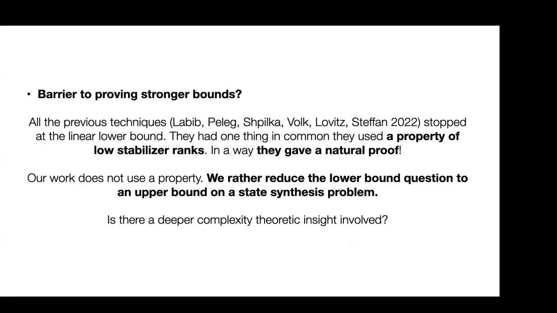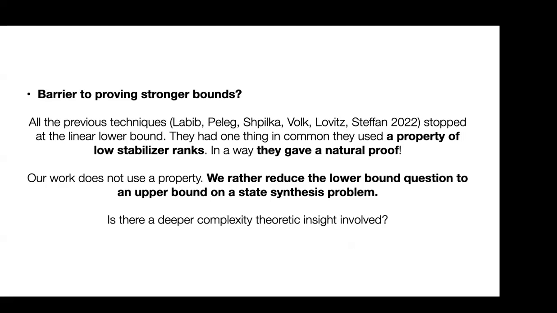Okay, so the second thing I want to say is: what can we understand about this proof technique? We know that all the previous results stop at linear lower bounds. So what do they have in common? They use some property of the lowest stabilizer rank states. But what we use here is that we get a lower bound through an upper bound.